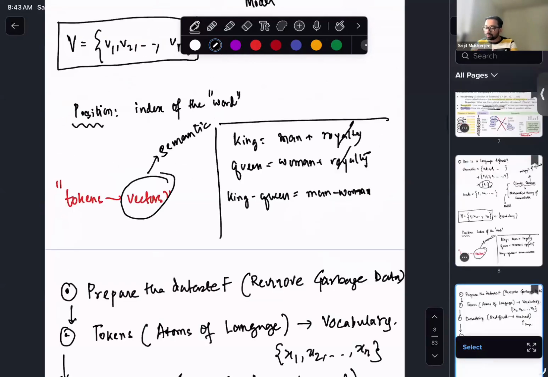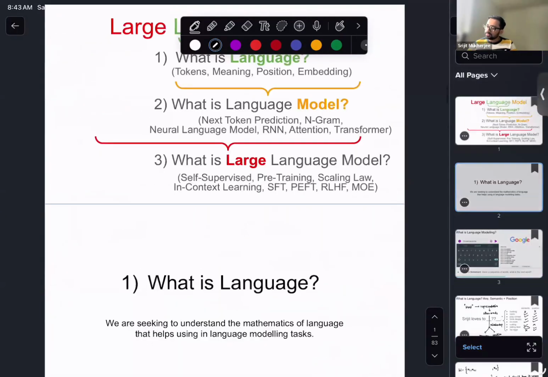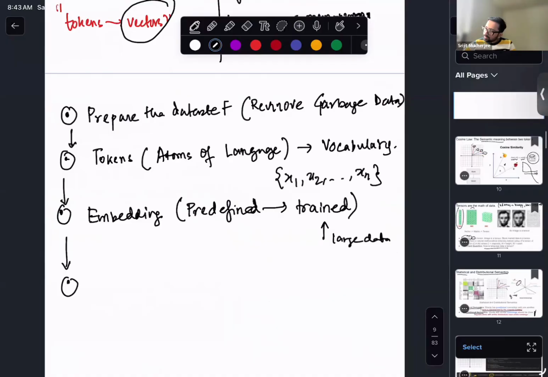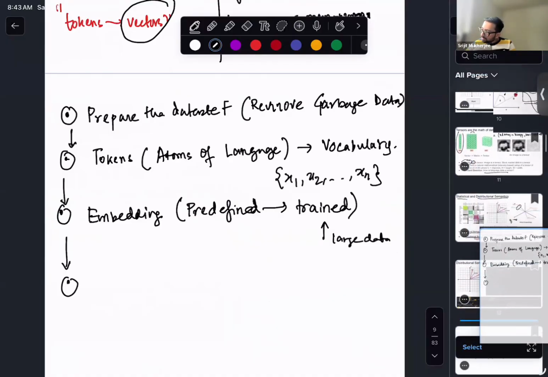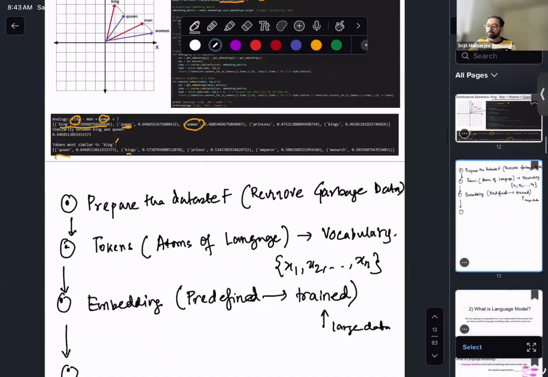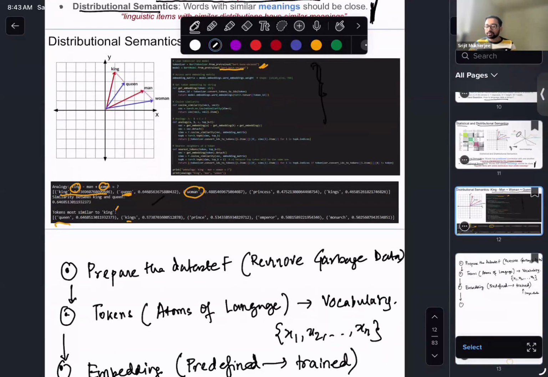And that's what I'm showing you here. This was an example. Yes, that's what I showed here. This is actually pre-trained. This relationship is pre-trained. That's why it's not exact.